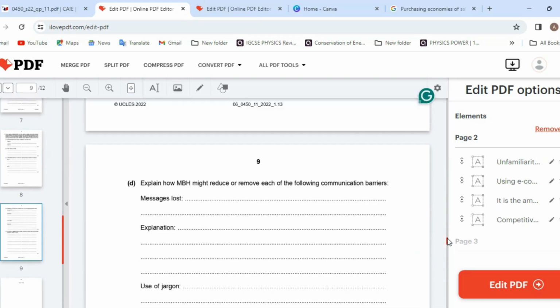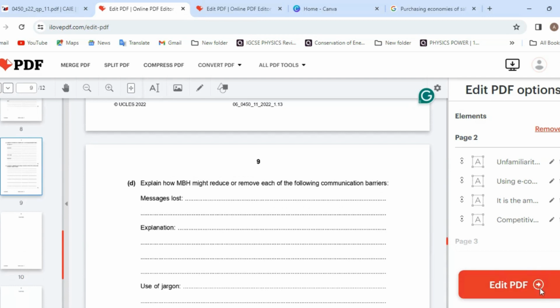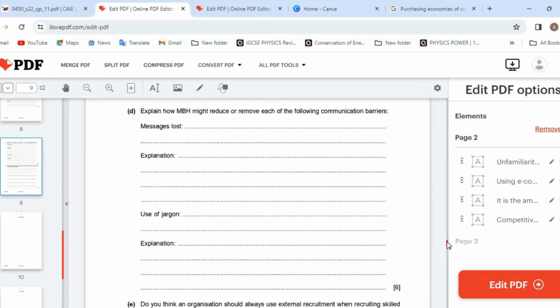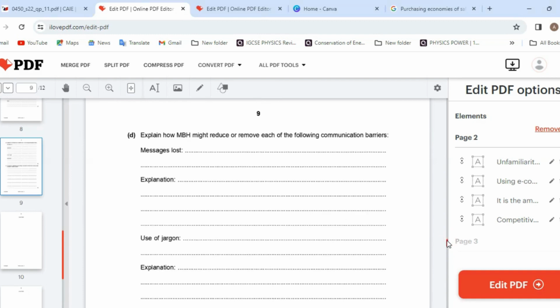Explain how MBH might reduce or remove each of the following communication barriers. The first one is messages lost. The second one is use of jargons.